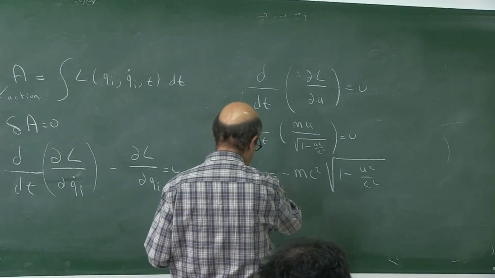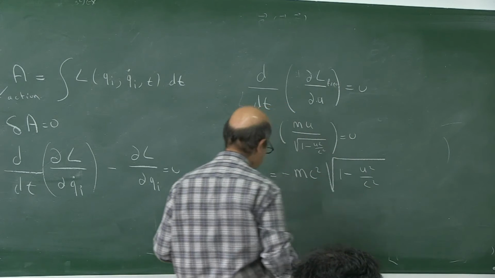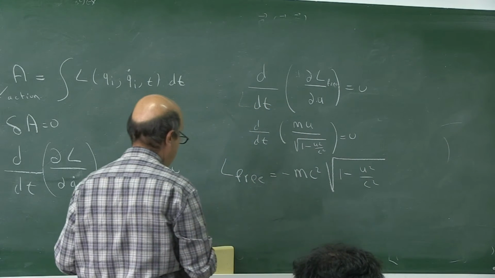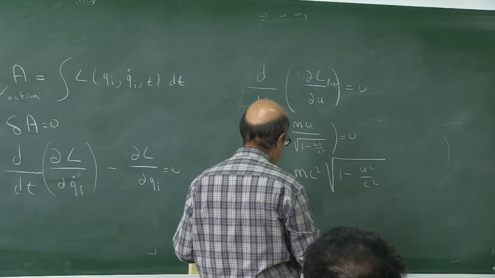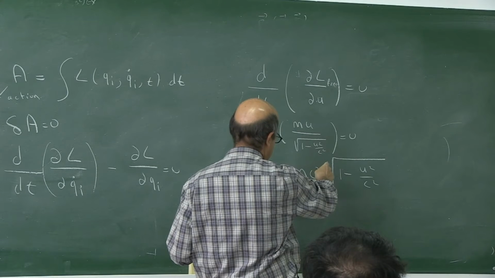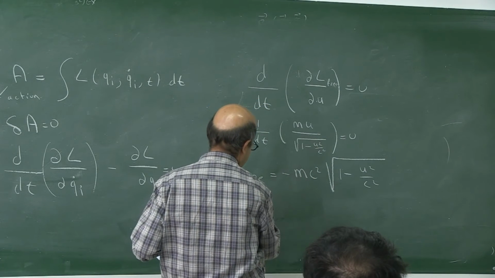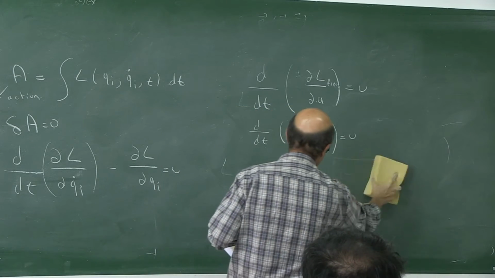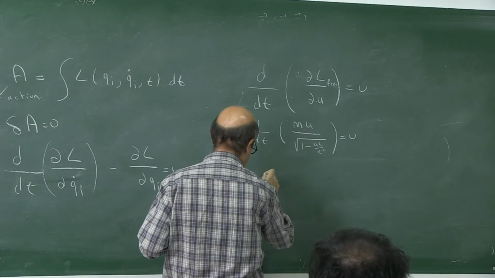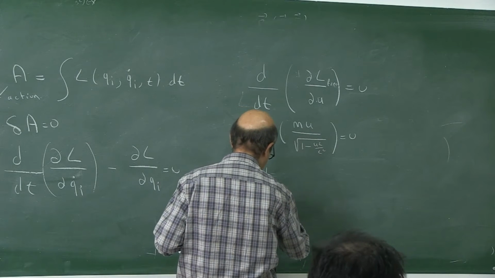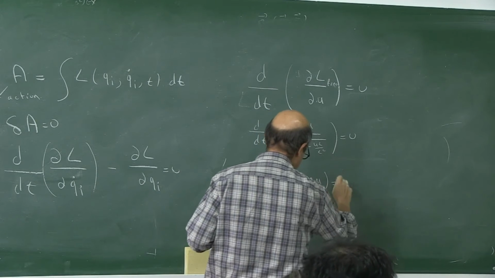So if you take the derivative of this free Lagrangian with respect to u, you will obtain 2 times 1 over 2, and this goes down as a minus 1 over 2, and you will obtain that. And what is this? This is nothing but gamma. d over dt of gamma mu is equal to 0.